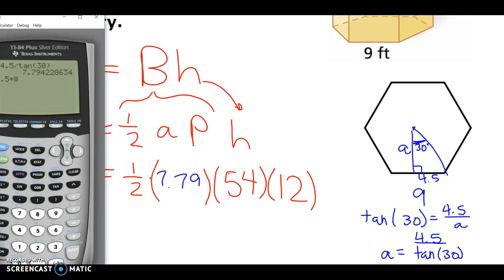Then arrow up. See how it highlights the last answer in black? Then hit enter. It's like a copy and paste. It copies your answer, with all of those decimals that keep going, brings it down, and then you can multiply by the rest. So that's the most accurate way to put this into your calculator: use the answer that the calculator gives you.